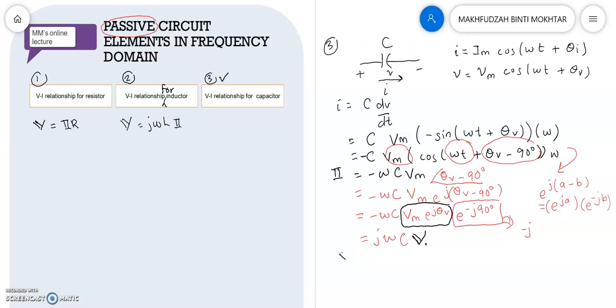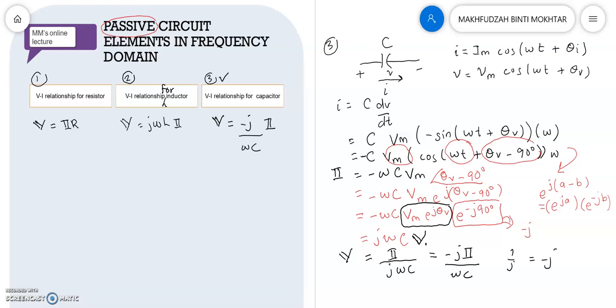If I put the V, I will have V equals I divided by j omega C, right? Because 1 over j equals negative j, I can also rewrite this as negative j I divided by omega C. So in this relationship, V equals negative j over omega C multiplied with I.